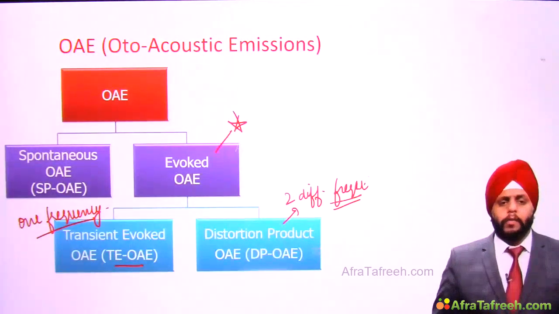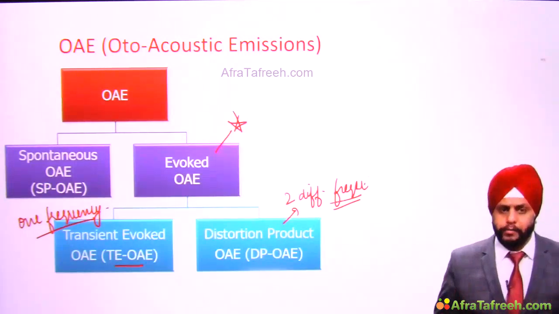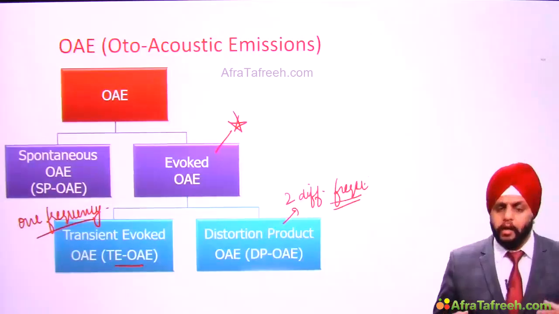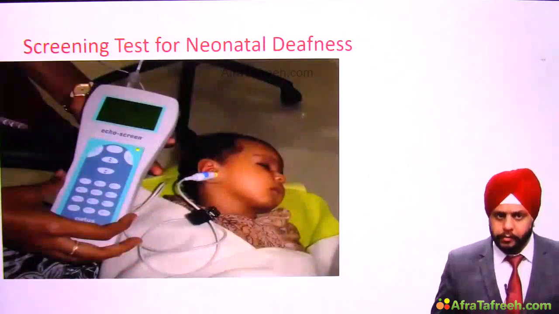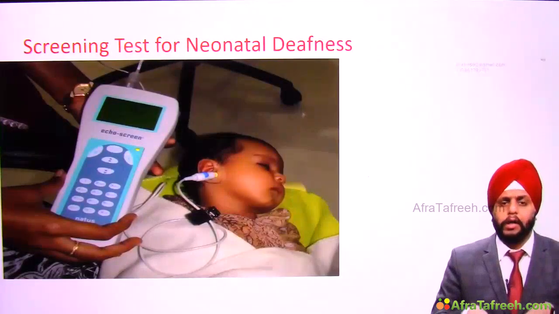Okay, now suppose we want to use OAE as a screening test. Can we use it? Yes, we can use OAE as a screening test to detect hearing loss, especially in neonates. So OAE is used as a screening test for neonatal deafness.